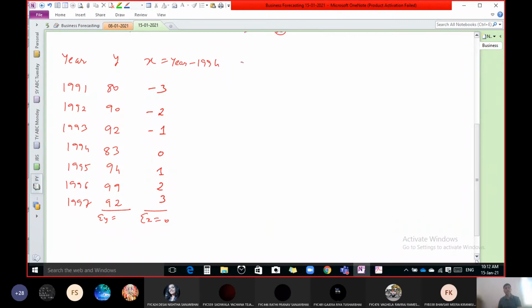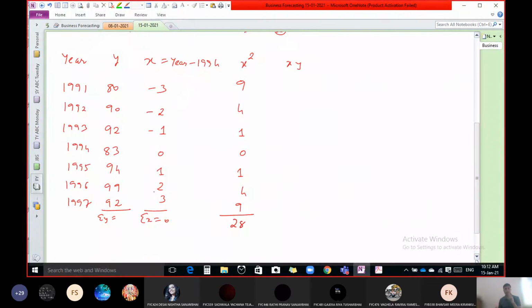Now we require two columns: we calculate x square, meaning taking the square of each number. Minus 3 square is 9, 4, 1, 0, 1, 4, 9. Make the total of this. So it is 28.